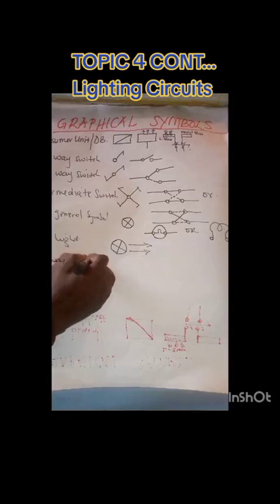So one-way pull cord switch, number 7. One-way pull cord switch is mostly used in bedrooms if you don't use the two-way switching or bed switch.